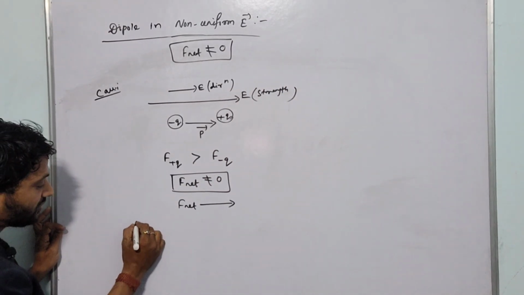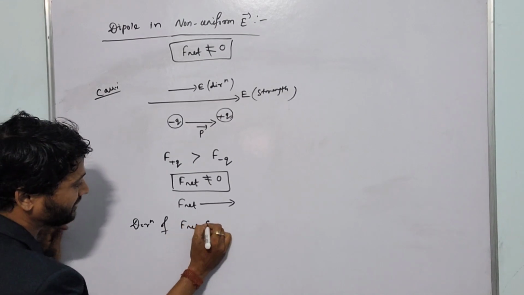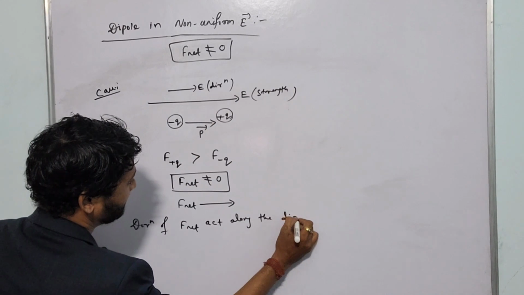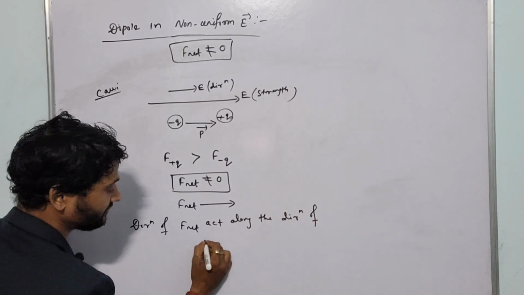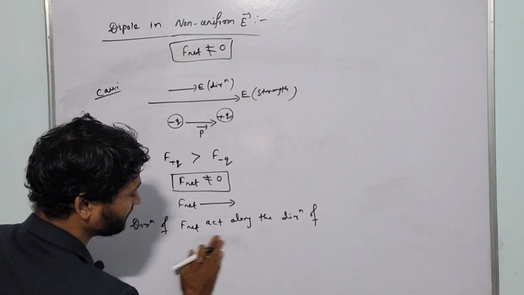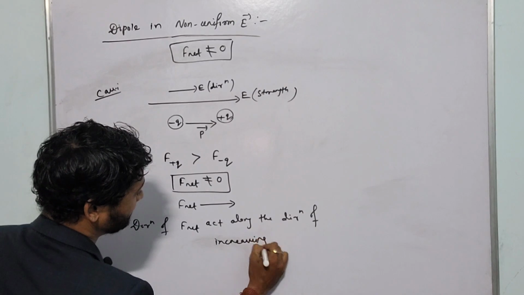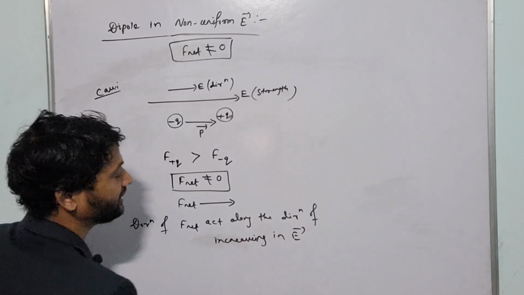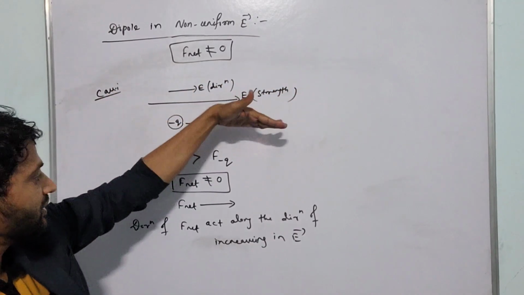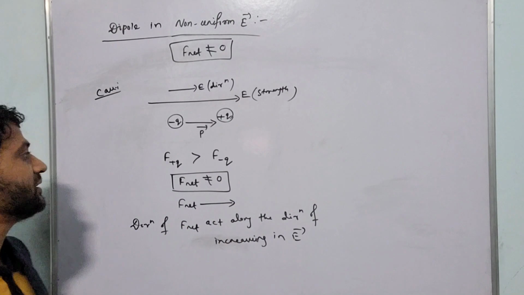So we can write that the direction of net force acts along the direction of the electric field, or the direction of increasing electric field, right? मतलब electric field का strength increase हो रहा है from left to right, and the direction of force also acts from left to right.